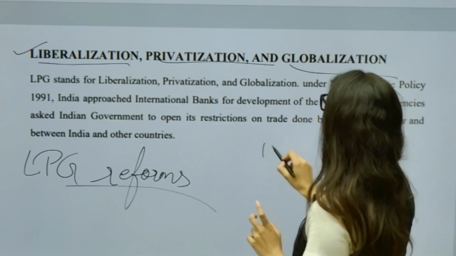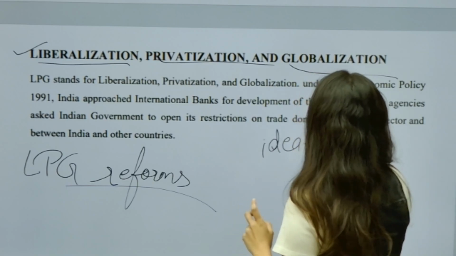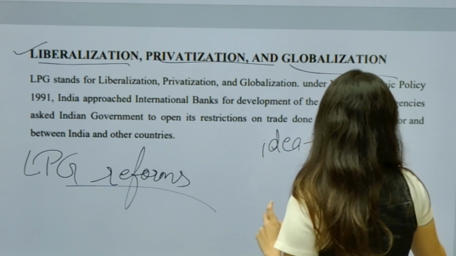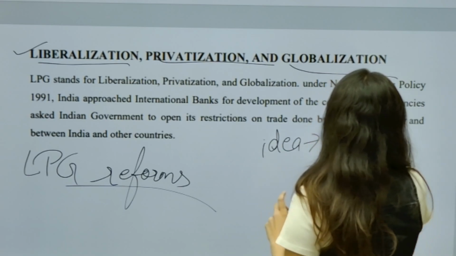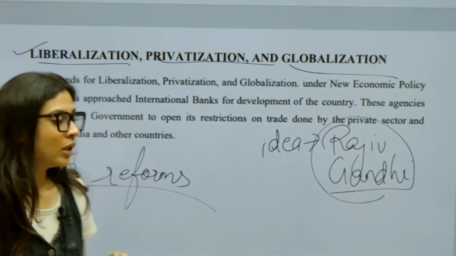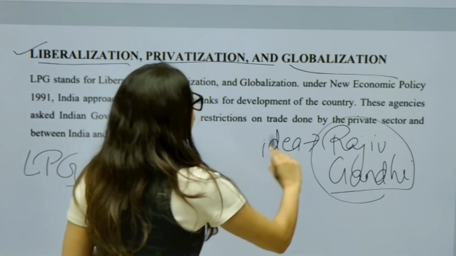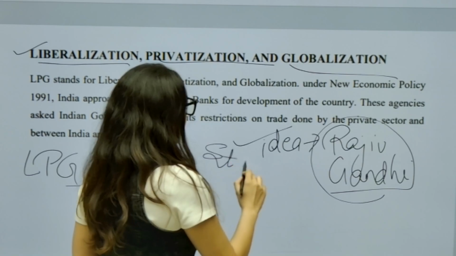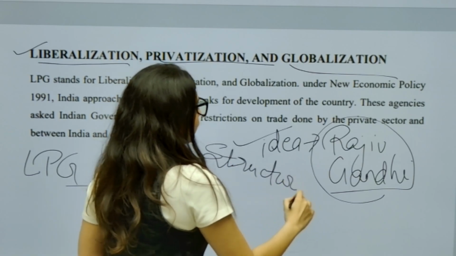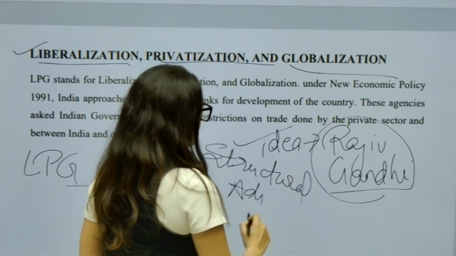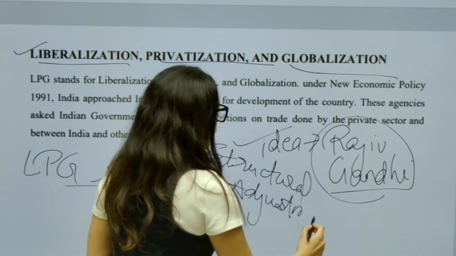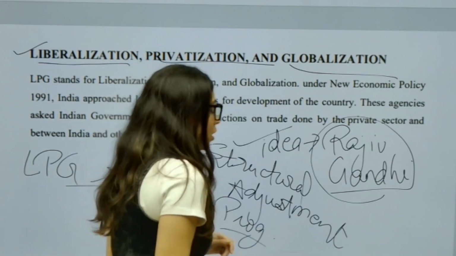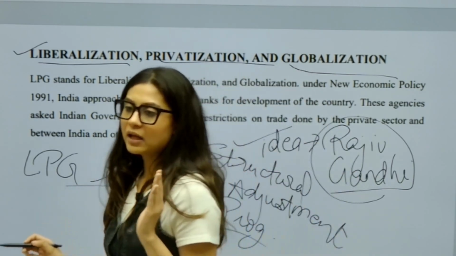Originally the idea was given by Rajiv Gandhi, during his term as Prime Minister, and he called it the structural adjustment program. So this was known as structural adjustment program, SAP, by Rajiv Gandhi.